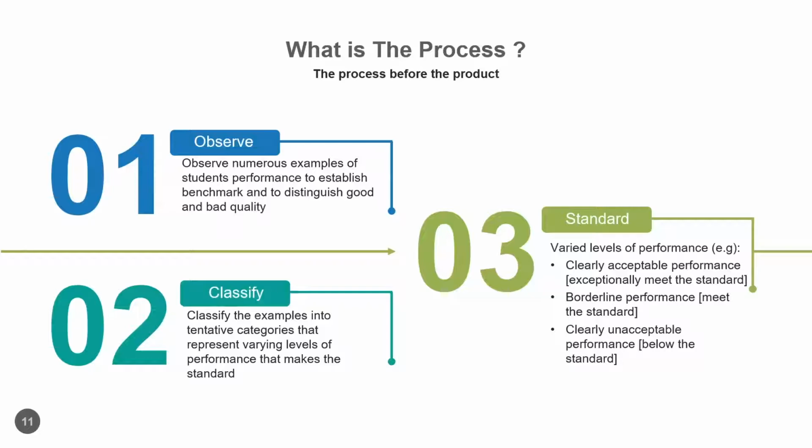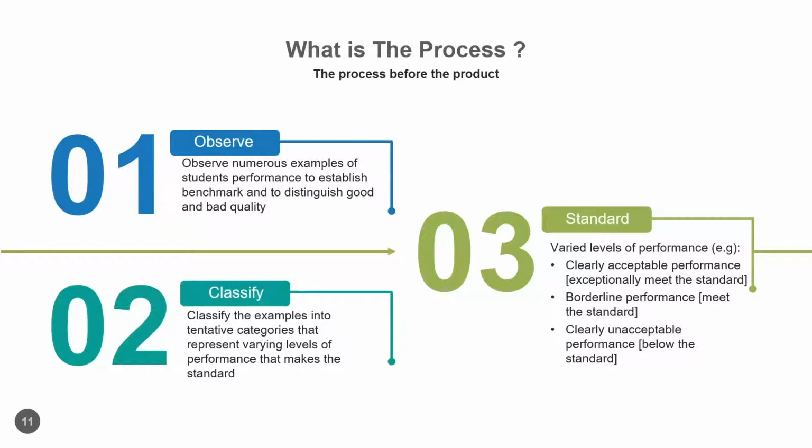When you are able to classify, then you are able to do the next step, which is indicating the standard. Those who have clearly acceptable performance, or some people actually say they have exceptionally met the standard, you can have at one end. So if it's a 5-scale kind of rubric, that will be 5.